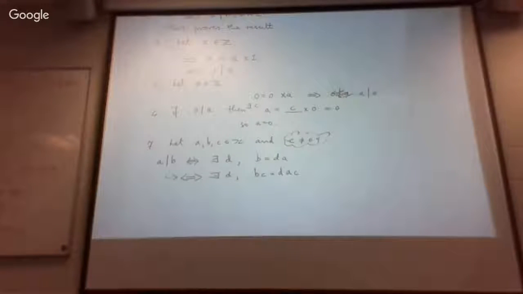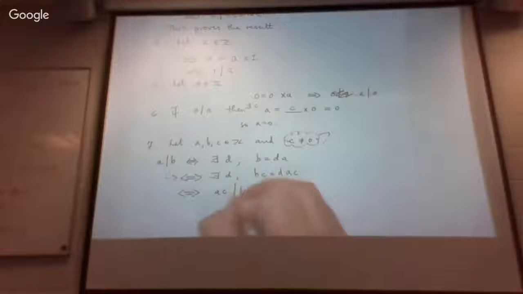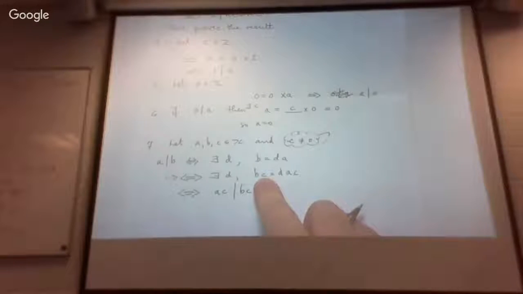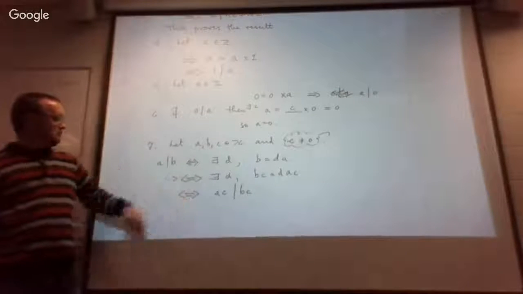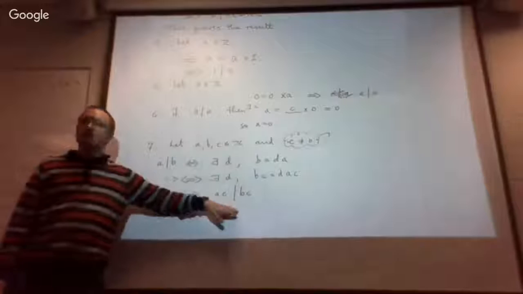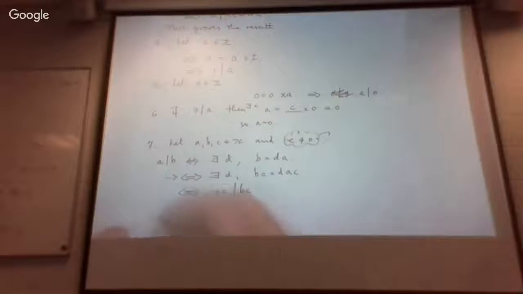We can't just cancel the zeros from each side, of course, because then we'd have to believe that 5 equals 2. And this statement we have here is exactly the statement that says that AC divides BC. You've got the thing on the right equal to some multiple of the thing on the left. So AC divides BC, and the equivalence is all the way down, so this is true if and only if that is true. So it's good.